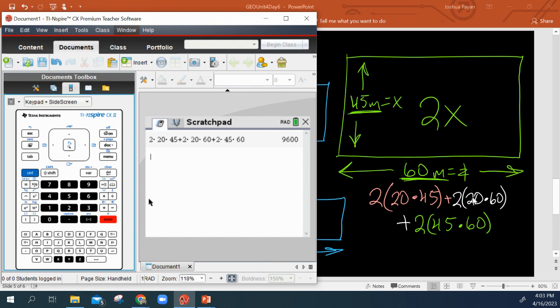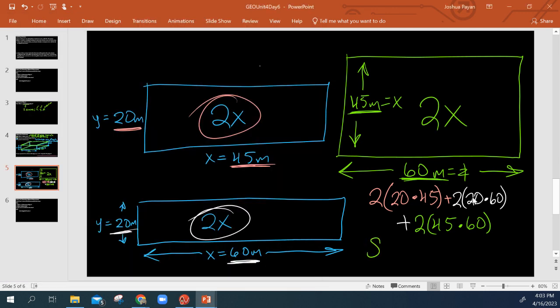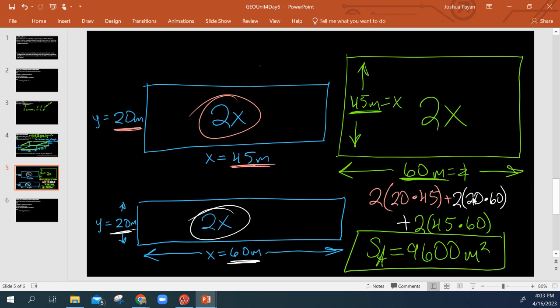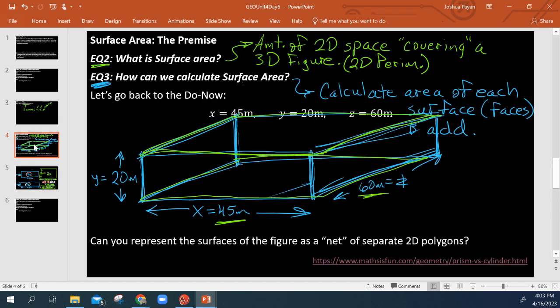Okay, and we see that we have a surface area of 9,600 meters squared. Okay, so that would be the surface area, the amount of area, right, that covers a three-dimensional figure. In this case, this rectangular prism here.